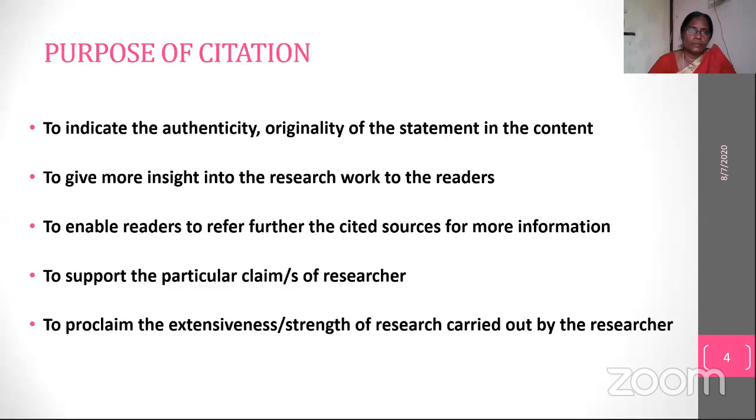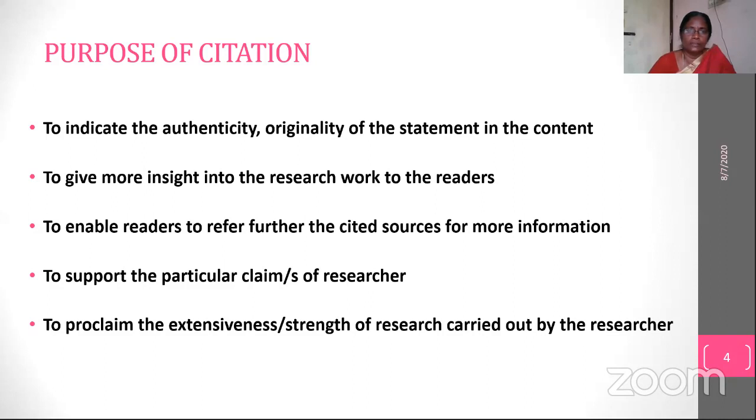And another reason why we give footnotes or endnotes, totally called citation, is to give more insight into the research to the readers. The readers must get more understanding of our research work.